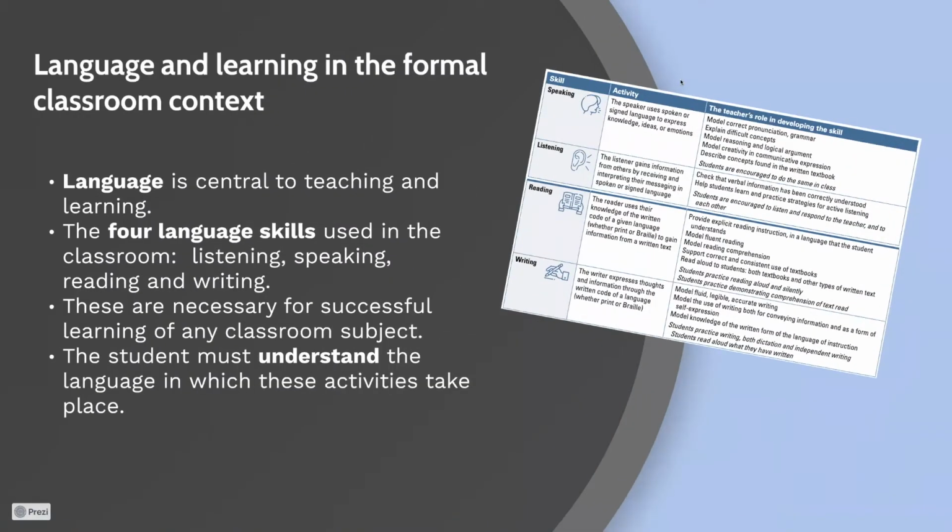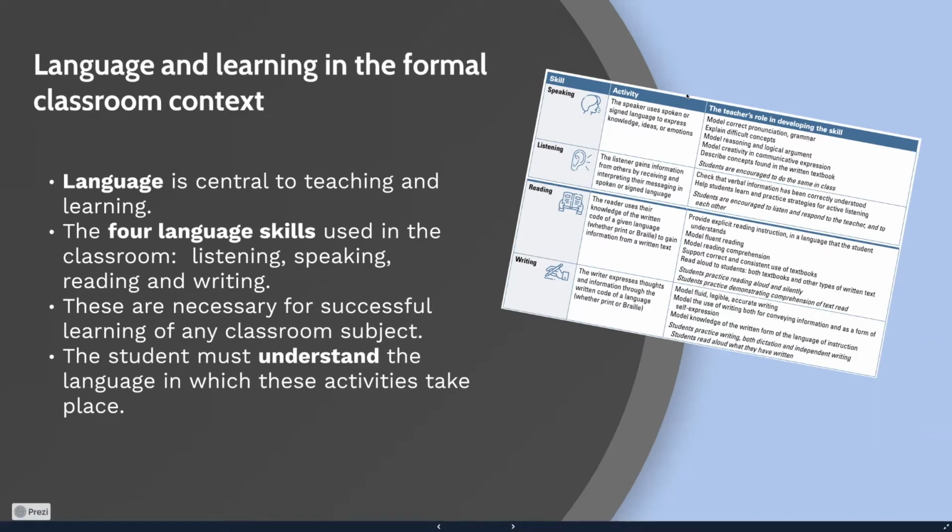Looking at language and learning in the formal classroom context, one of the key features of formal education is that language is central to the teaching and the learning. And the 4 language skills used in the classroom are listening, speaking, reading, and writing.